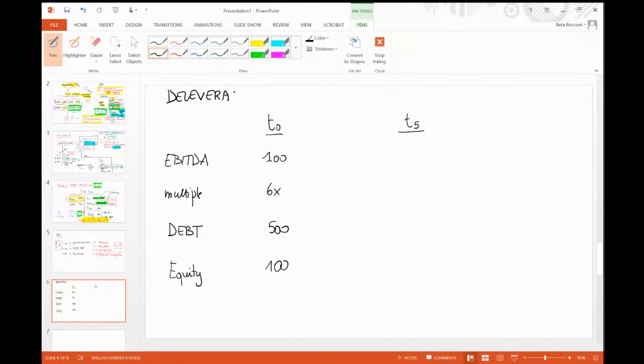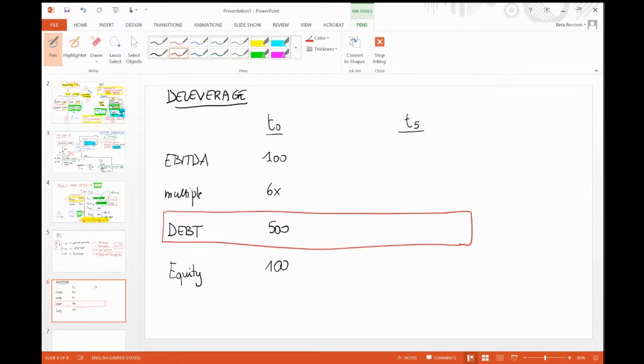With the deleverage, the bet you are doing is that in 5 years' time, you will have repaid almost all the debt of this company using the cash flow of the company. So let's assume that if your calculations are right, you are able to reduce all the debt in T5.